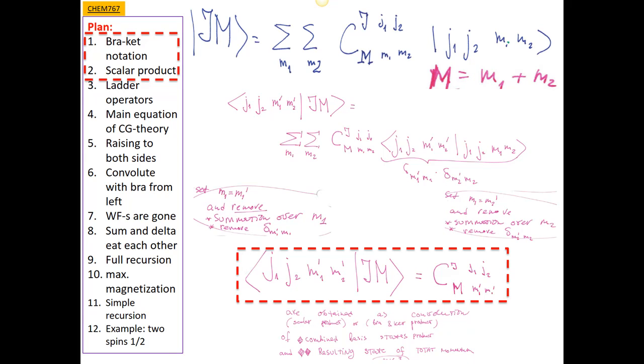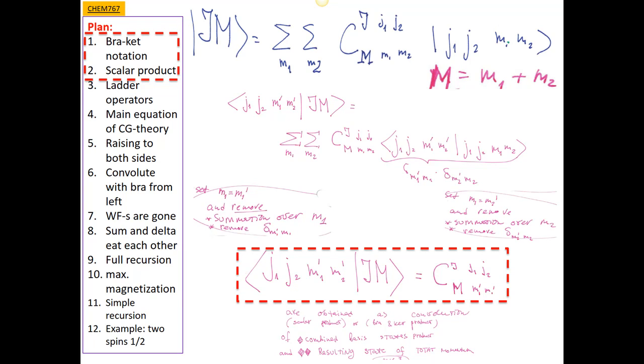So what was the purpose? What was the reason to multiply the expression by the bra vector from the left? To get rid of wave functions. We hate wave functions because they're big.